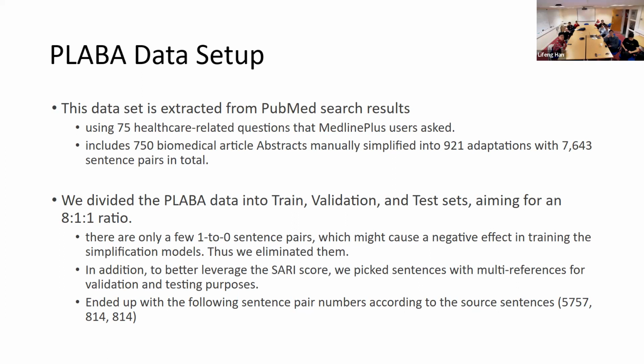Firstly, we remove the 1-to-0 sentence pairs, which means the sentence has been deleted because the annotator thinks it is not very helpful for users to understand. But because they are rare, around 50 to 60 sentence pairs, we think it's better to delete these pairs, because it's hard to learn from such rare sentence pairs, and we decided not to touch them.